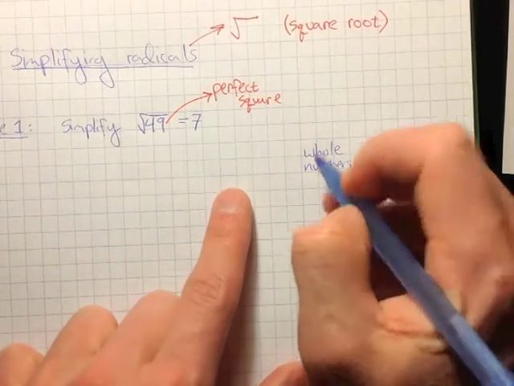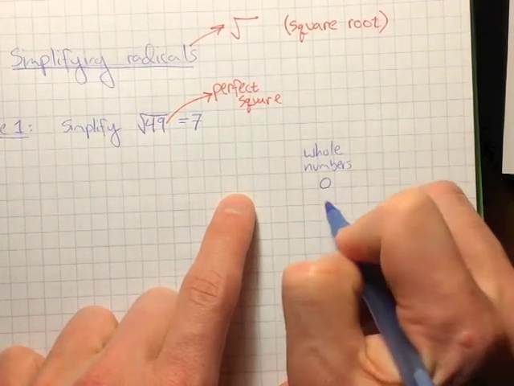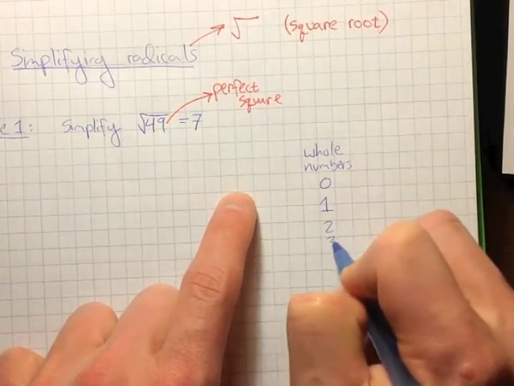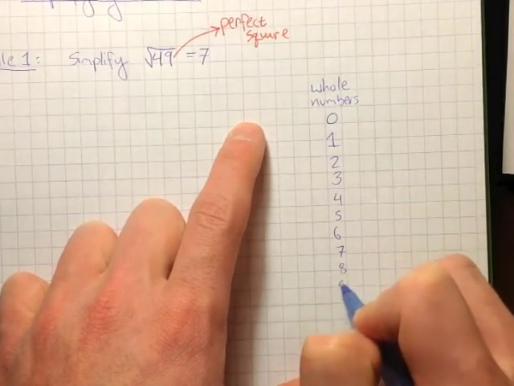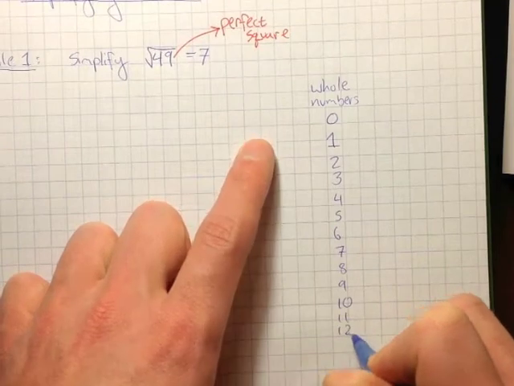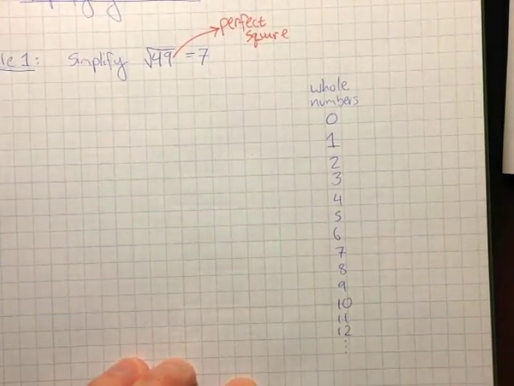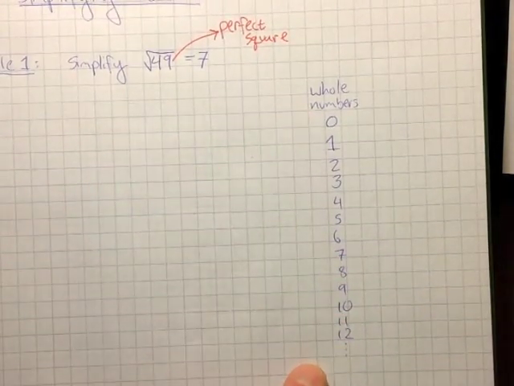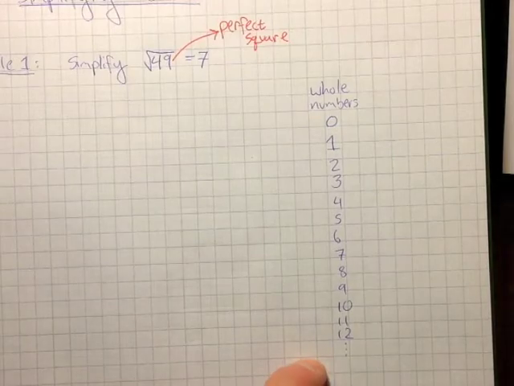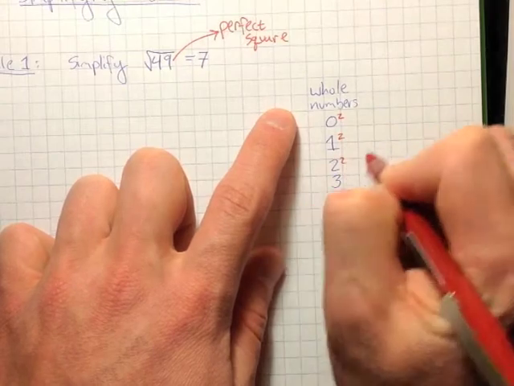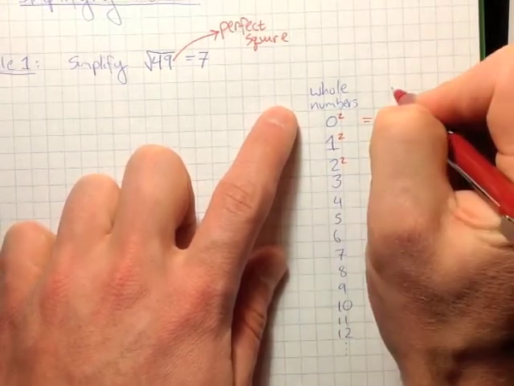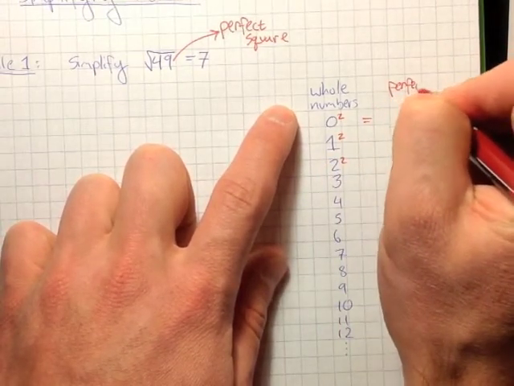So, for example, 0, 1, 2, 3, 4, 5, 6, 7, 8, 9, 10, 11, 12, and so on. So those are whole numbers. Now, whenever we try to square these numbers, the result is called a perfect square.